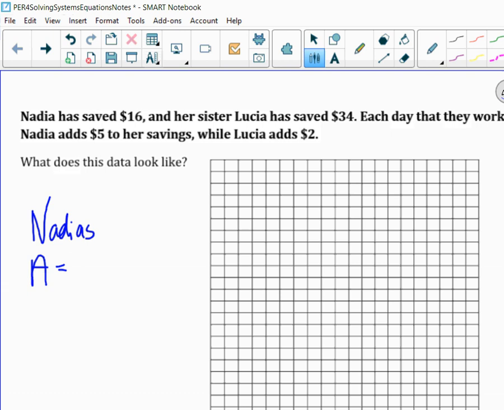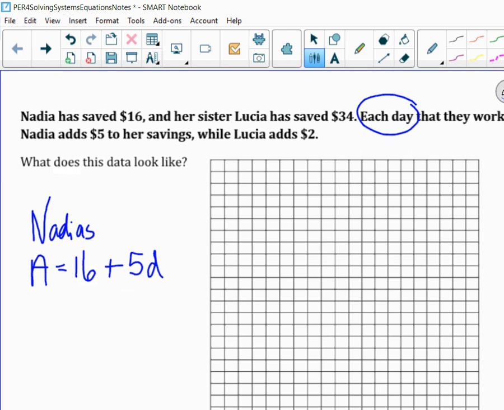Yeah, we start with 16, and then we're adding, how much? 5. So just 16 plus 5? I hear an F. What's 5x? Or each day? Or 5D? Okay, so does everybody see how I got Nadia's equation there?